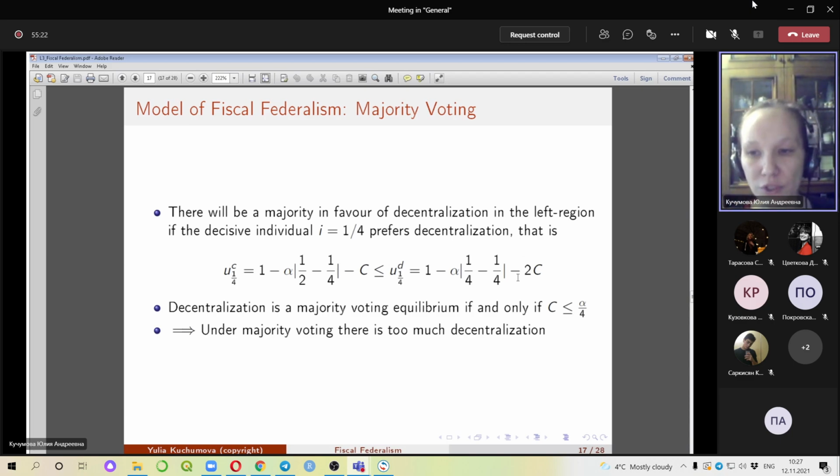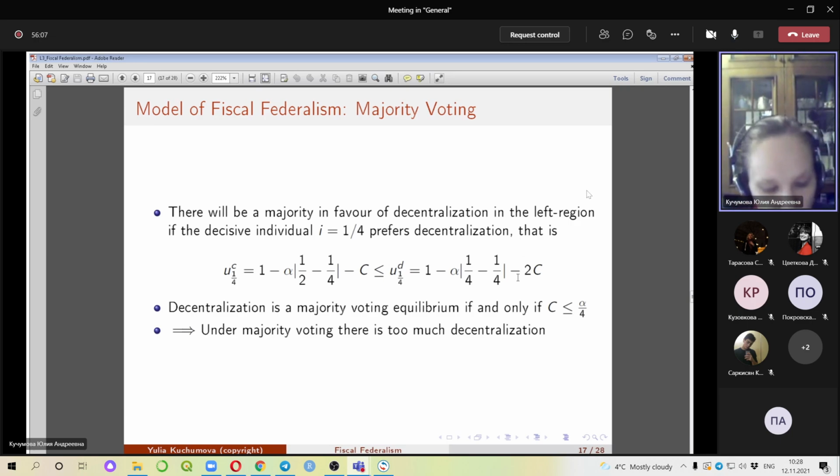People will choose decentralization even when c is between alpha divided by 8 and alpha divided by 4, which is not optimal, but still will be a majority vote in equilibrium. So this is an interesting result, because majority voting might provide an inefficient outcome: there will be too much decentralization.